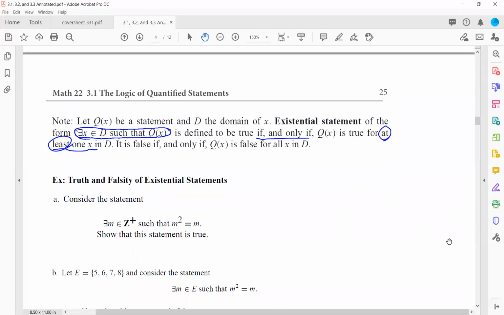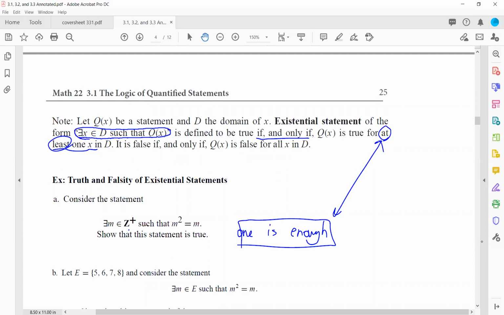For example, suppose your existential statement says there is a positive integer m such that m squared is equal to m. Can you find m? 1 is enough, because it's an existential statement.